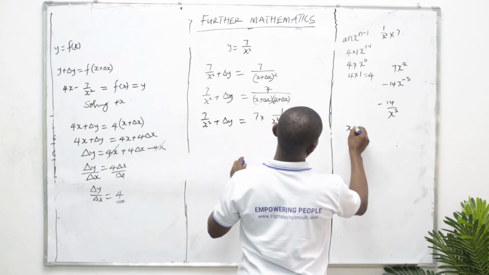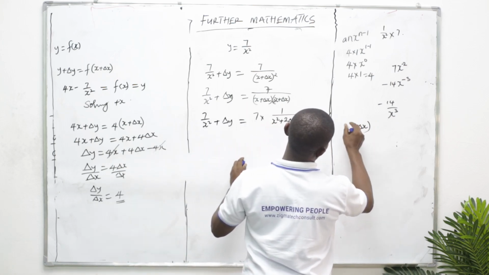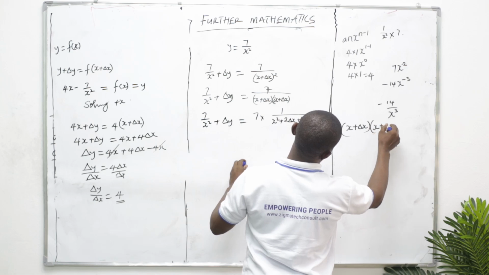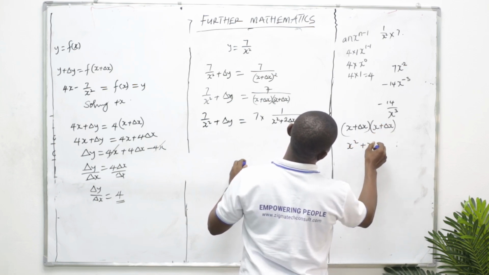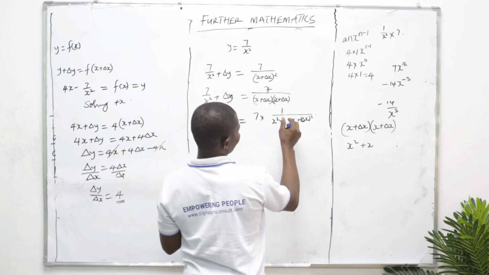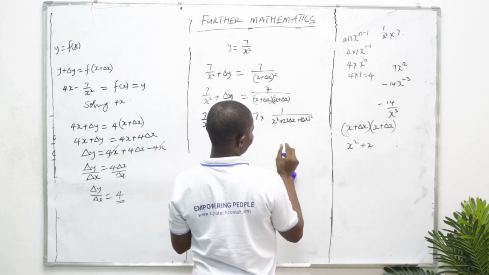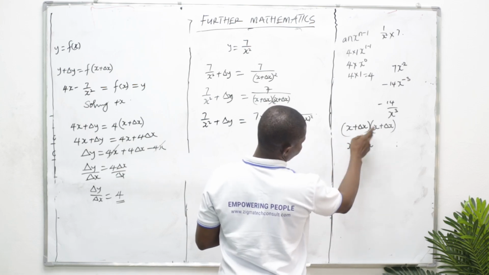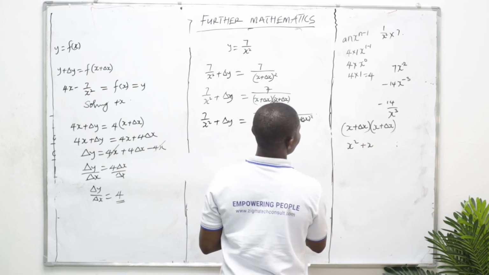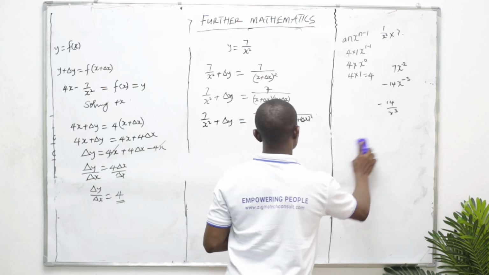Let's expand this. This s squared plus s change in s, okay, that's 2s change in s, okay, 2s change in s. Okay, the expansion is in order.